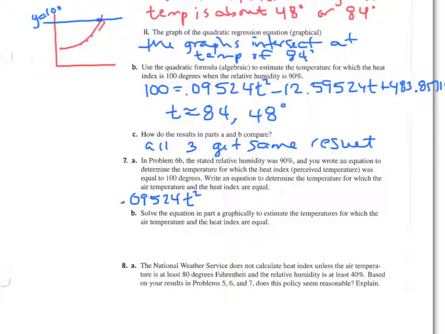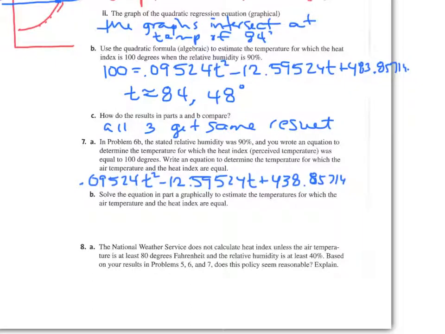That's this right here. Okay, whoops, 8, 5, 7, 1, 4. So there's that equation, and they want to see, well, when is the heat index going to equal the temperature? And the temperature, remember, we called just T.